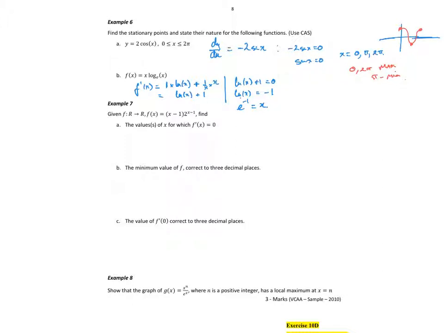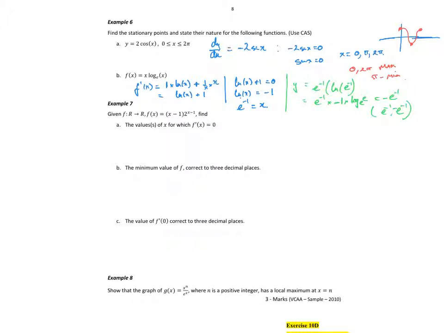Corresponding y value, y is equal to e to the minus 1 times the natural log of e to the minus 1, which is just equal to e to the minus 1 times, bring the power at the front, negative 1 times, and natural log is log base e of e, which is 1. So I get minus e to the minus 1. So my stationary point is at (e to the minus 1, negative e to the minus 1).